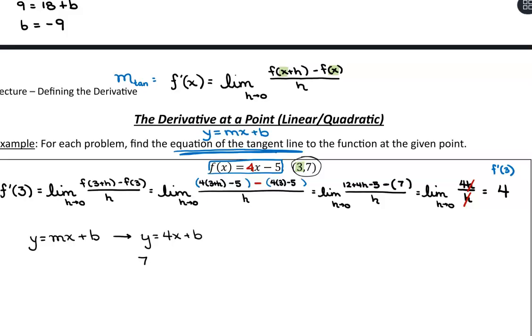So we'll plug in 7 for y, 4 times 3 plus b. So 7 equals 12 plus b, and b is going to be -5, which completely matches our original function, which makes sense since it is in fact a linear function. Any tangent line is just going to lay right on top of our original function.